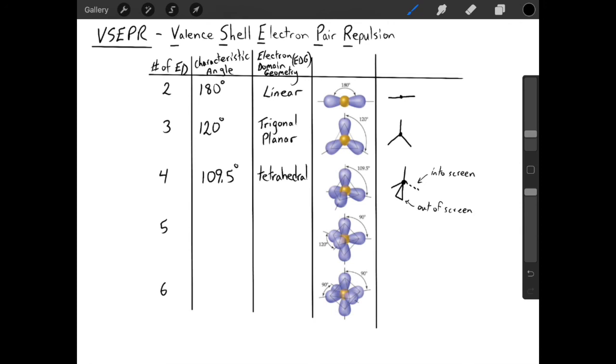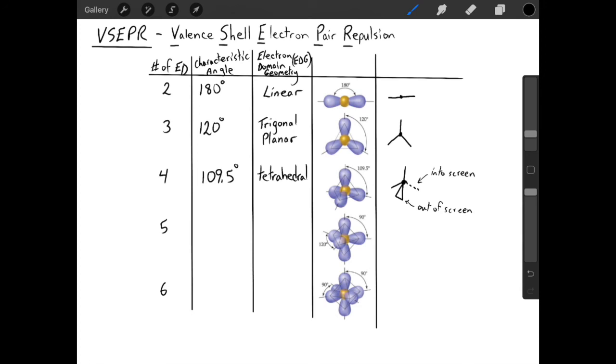When you move to 5 domains, you end up with something that is even more complex. And you end up with 3 of the electron domains arranged in a plane, just like the trigonal planar structure. And those domains are 120 degrees apart from one another. And you can see that in the diagram in the center along the equator.